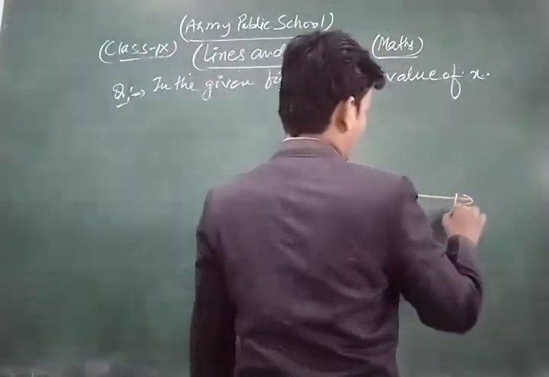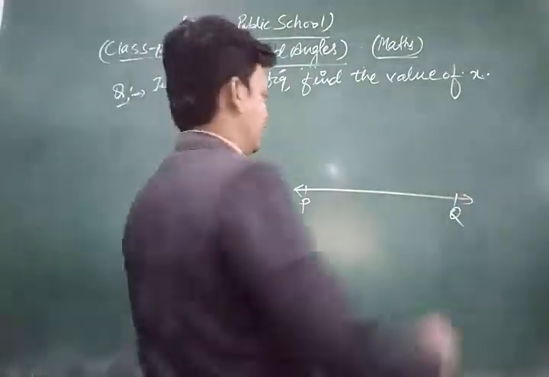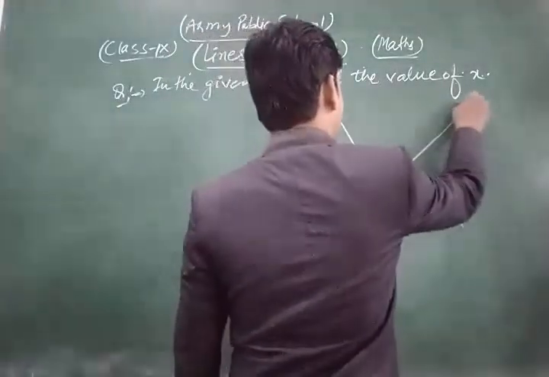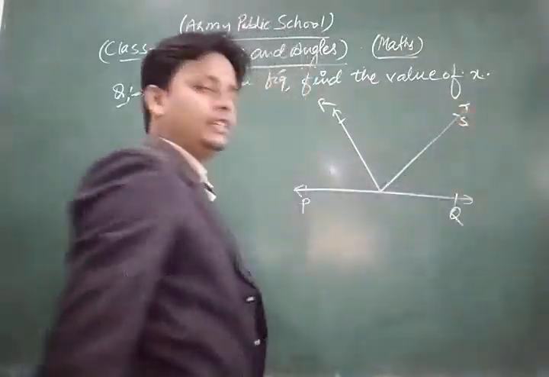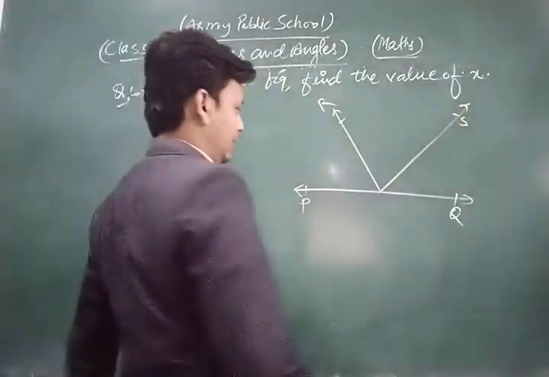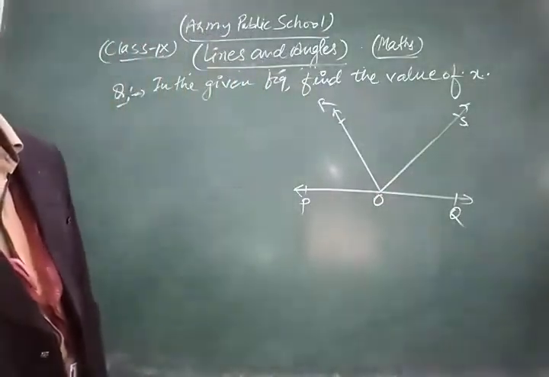this is PQ, a straight line, and OR and OS are two rays standing on that line through O, dear students.